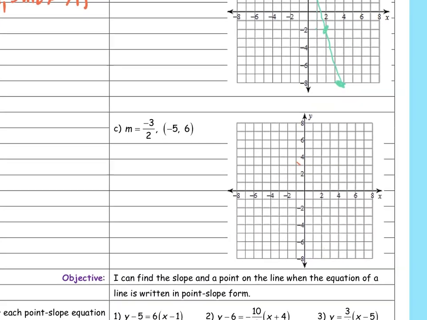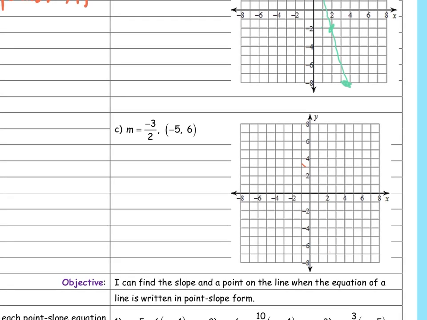All right, and the second one, let's see. So we've got y minus 6 equals -3/2 times x plus 5. Okay, nice. Nice, you guys. Okay, so I've got -5. I'm going to plot it at -5 and 6, which should be here.